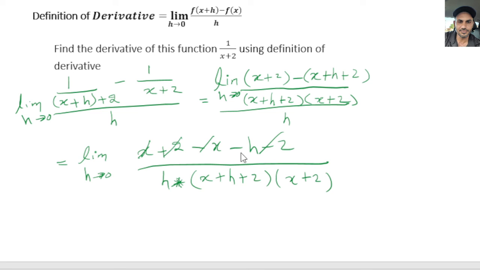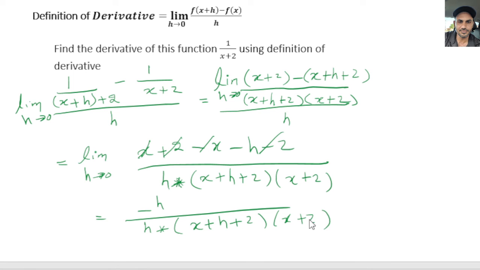So you're left with just negative h on the top. So we have negative h on top, and in the denominator we have h times x plus h plus 2 and x plus 2. All right, so let's go to the next page.